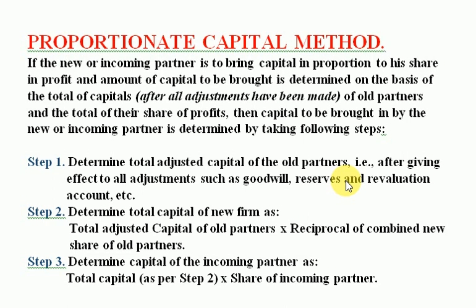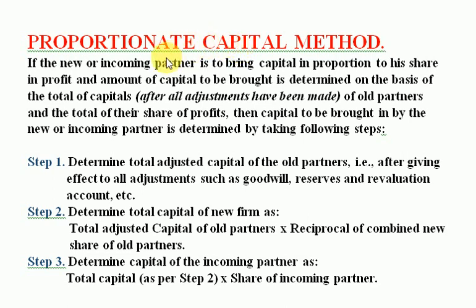So, we are going to discuss the proportionate capital method today with a question and its solution. So, this is the proportionate capital method, which is our topic of discussion for today.